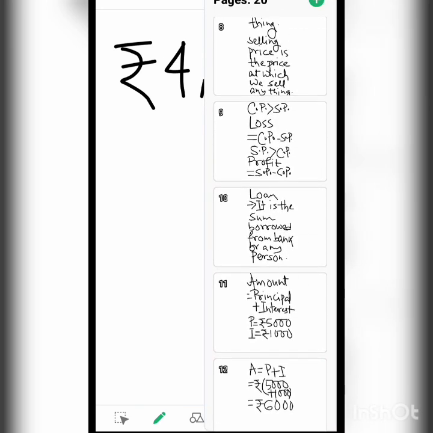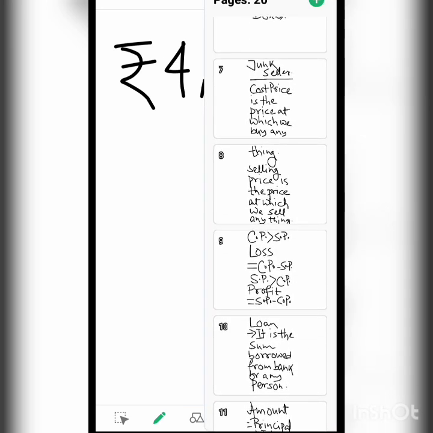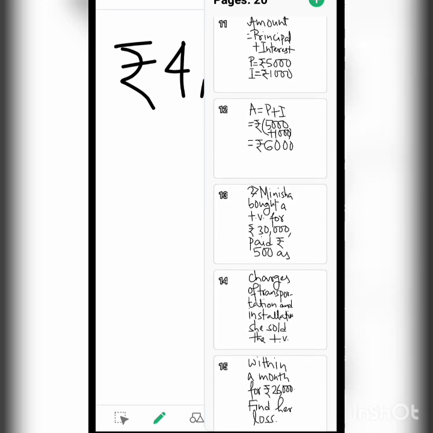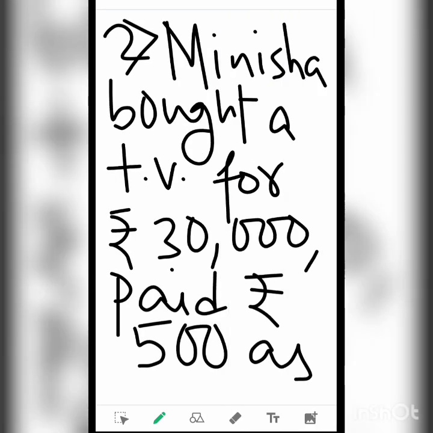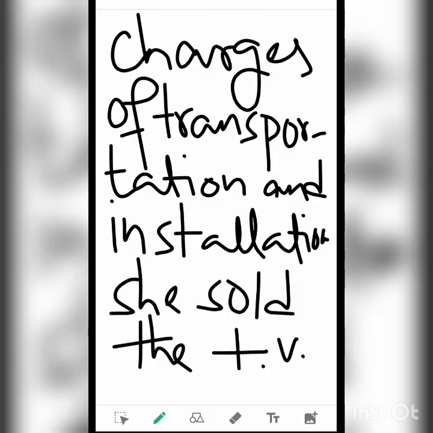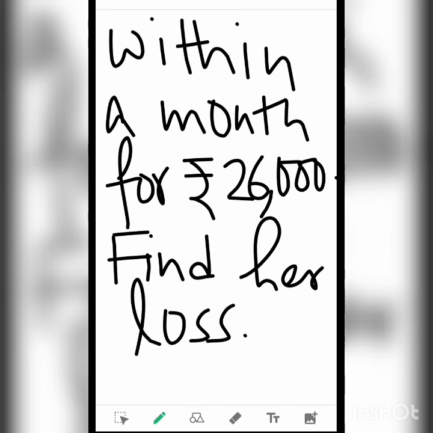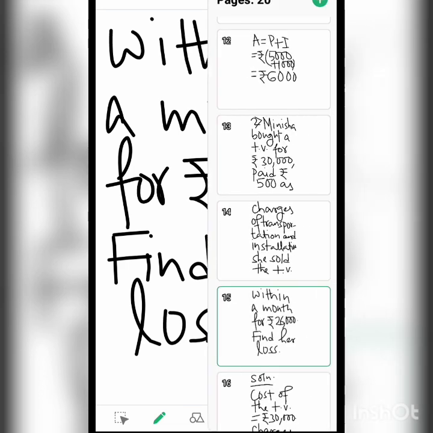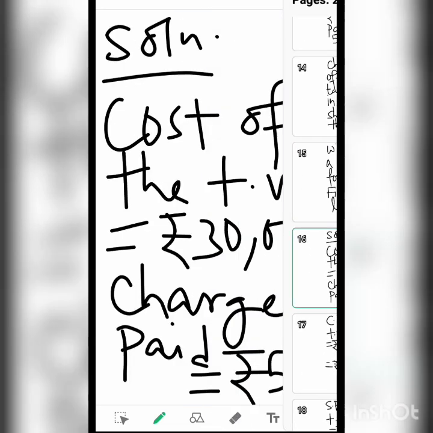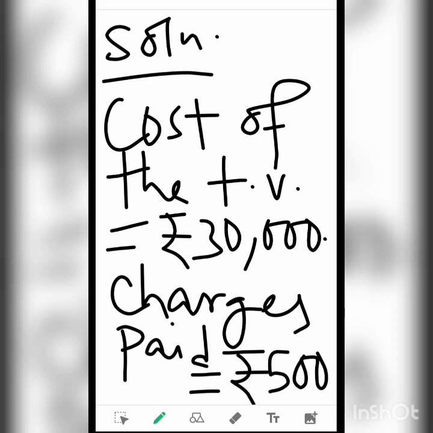Let us recapitulate all the things that we learned for this question. Minisha bought a TV for rupees 30,000, paid rupees 500 as charges of transportation and installation. She sold the TV within a month for rupees 26,000. Find her loss. I'm coming to the next board. Cost of the TV is rupees 30,000.